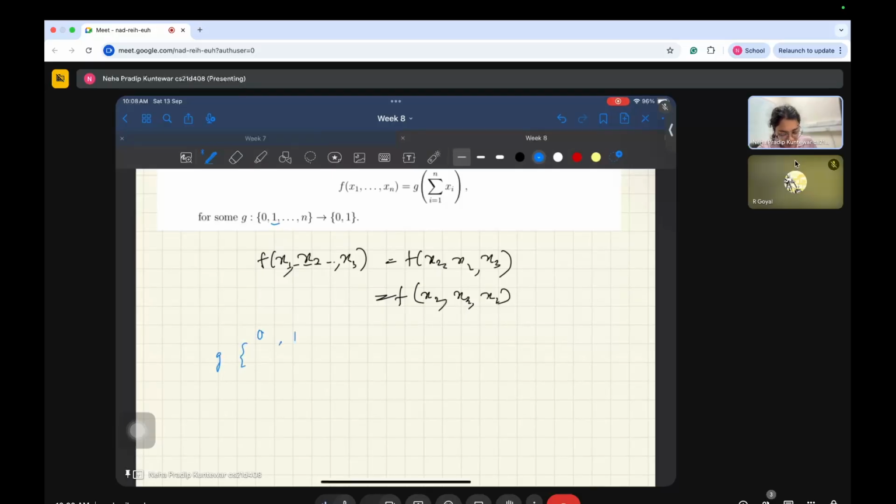G could be either 0, 1, 2, and so on up to n. So exactly one of these is going to be a 1. If the weight is 2, the corresponding value would be 1, but everything else would become a 0.